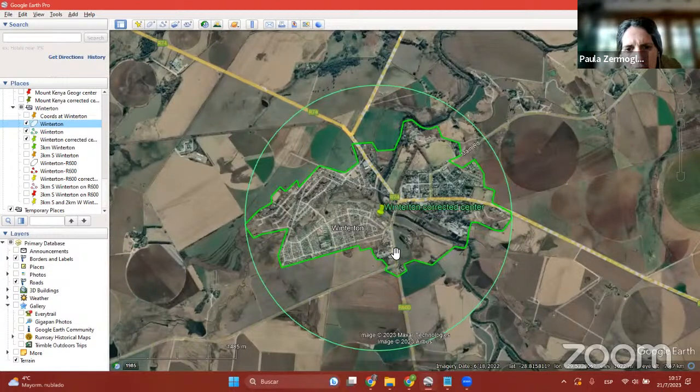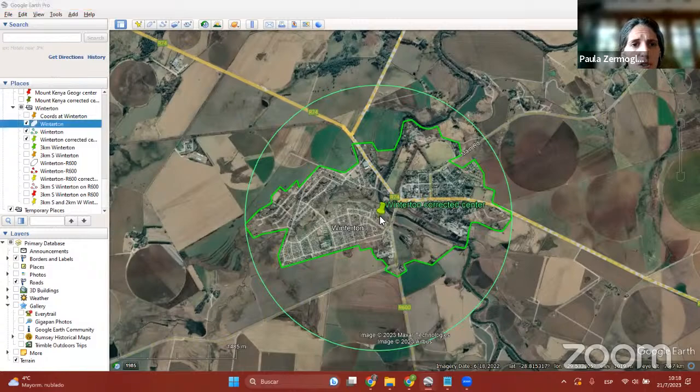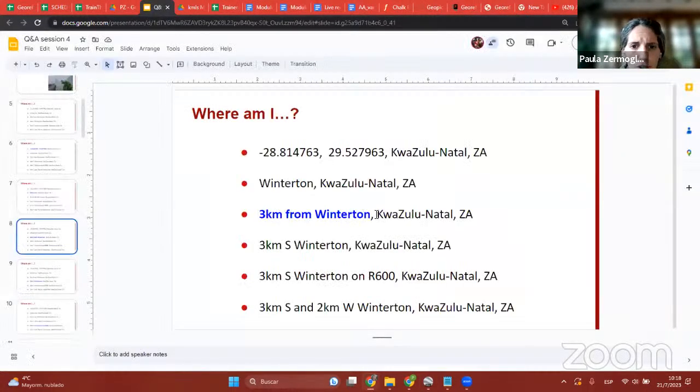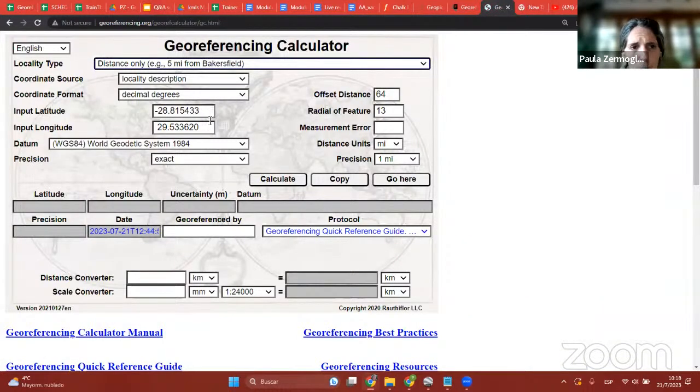We found the radial and the corrected center of that town. So I think we have all the information that we need, because the location was 3 kilometers from that town, and in the calculator we need the coordinates of the town, its radial, and the distance.